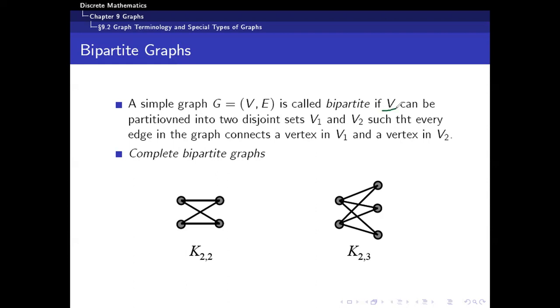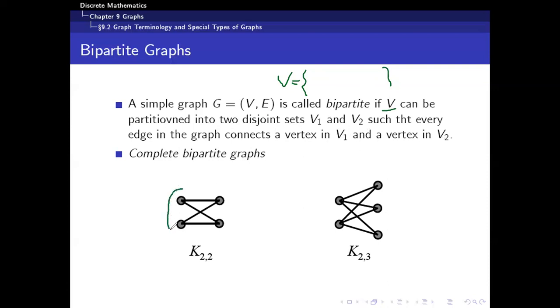V is the vertex. It is a set of how many nodes are there in the graph. So this V can be partitioned into two sets or two groups such that every edge in the graph connects the vertex V1 and vertex V2.